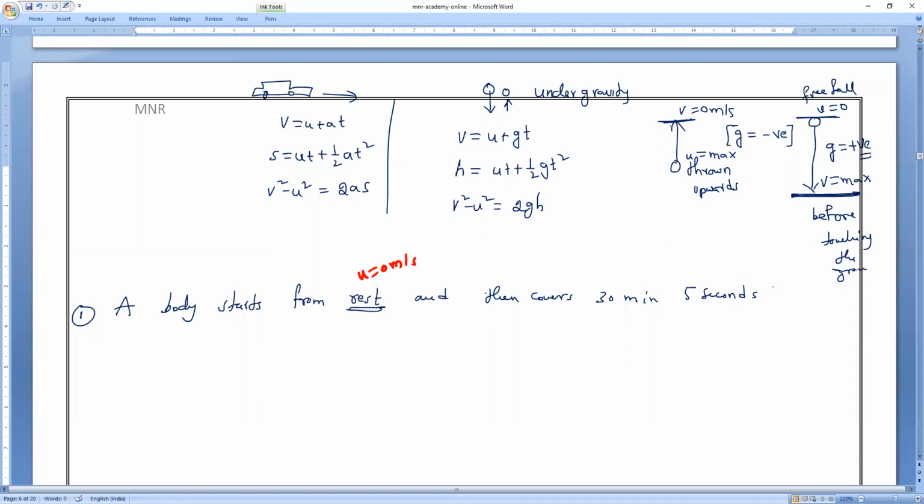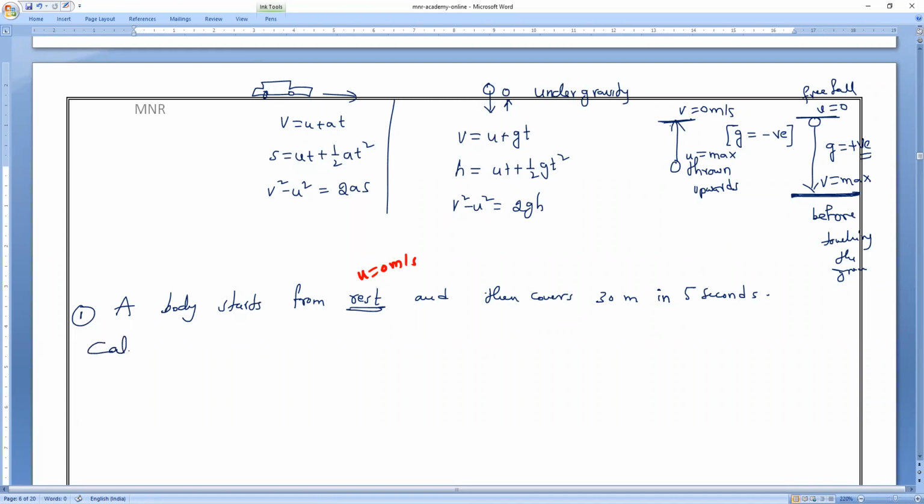In 5 seconds. It is not 30 minutes, it is 30 meters in 5 seconds.